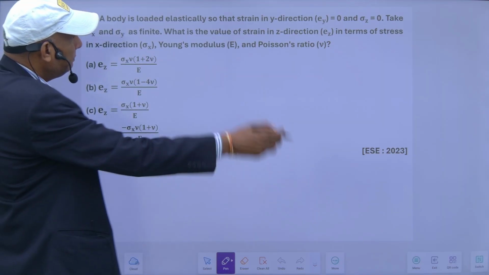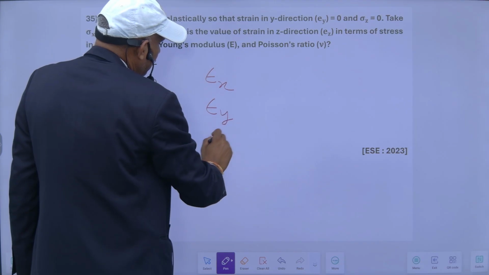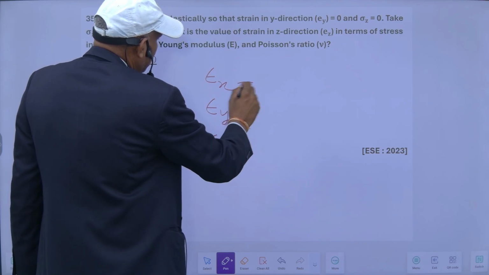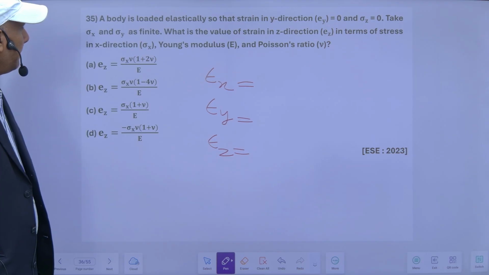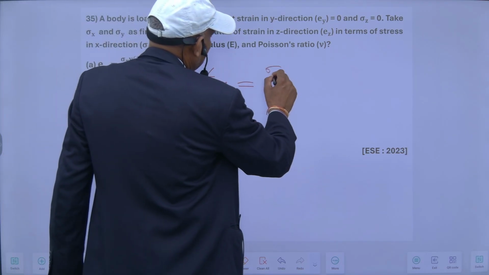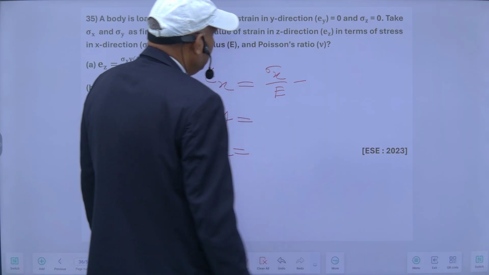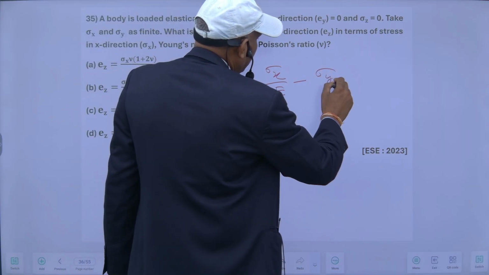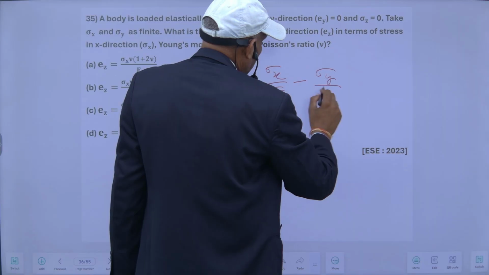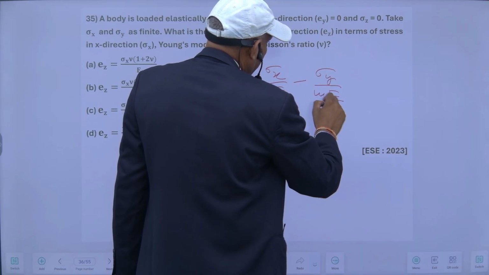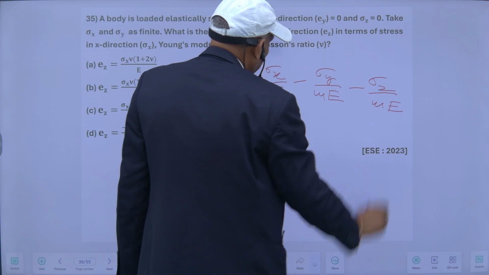Now, strain in x, strain in y direction, strain in z direction. So this will be equal to stress in x direction divided by E, minus strain in y direction to this one, minus strain in z direction upon this one.